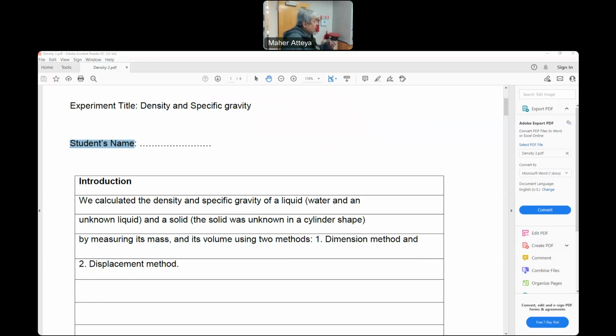The goal of this experiment is to get a sense of measuring the mass, the volume, correct, and the length of an object.